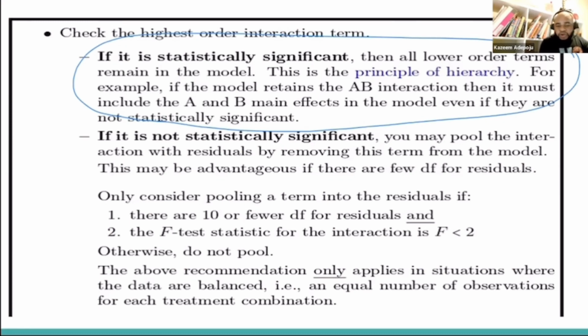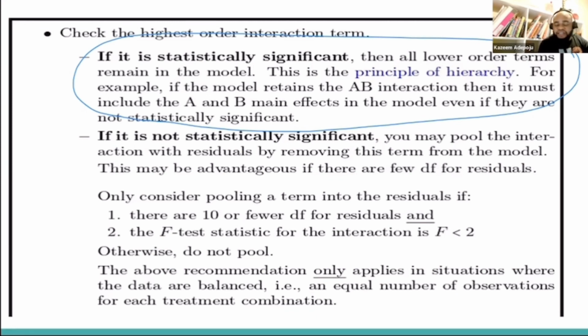Okay, when you are working with a two-way analysis of variance and you realize that the interaction effect is significant. Of course, the only way to know whether the interaction effect is significant is when the p-value associated with the interaction effect is less than a given level of significance. You know that, right?